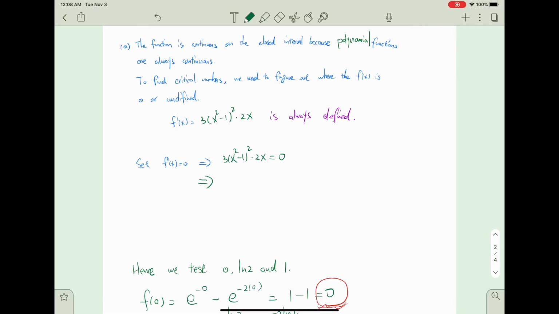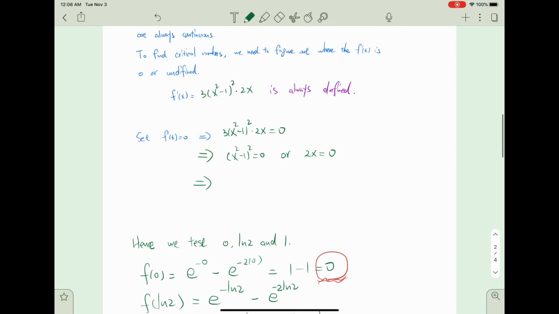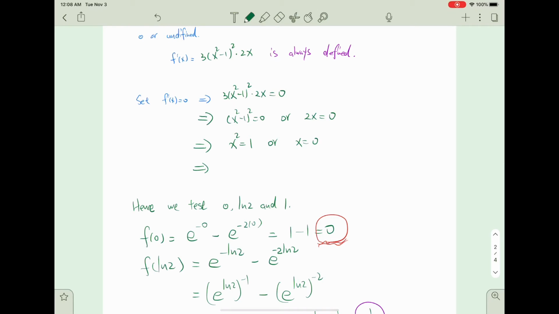So it's either (x squared minus 1) squared equal to 0, or 2x equal to 0, right? Which implies that x squared is equal to 1 or x is equal to 0, right?